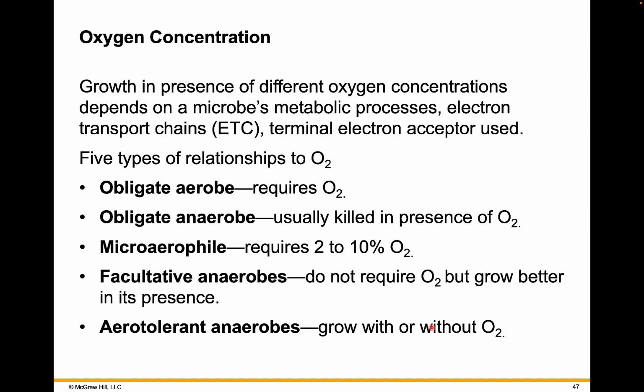Next, we are going to consider oxygen. Oxygen is present in the atmosphere, and the microbe's metabolic process depends upon the oxygen. Essentially, oxygen is utilized in several processes, and at the electron transport chain, oxygen is used as the terminal electron acceptor.